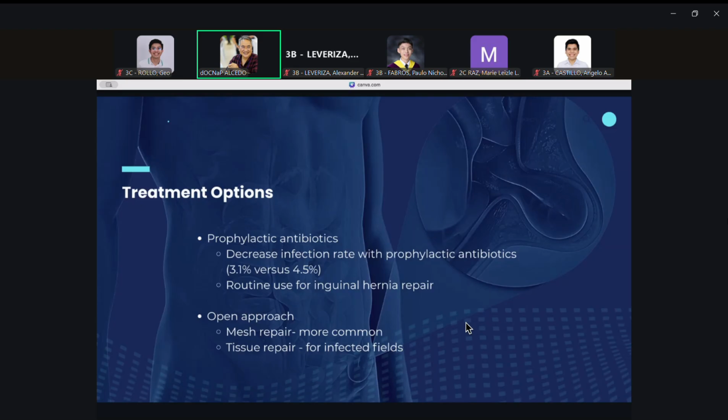So we resort to tissue repair. That's why we still teach our residents tissue repair, even if we don't perform it most of the time. Because there might be instances when one needs to perform a tissue repair. And in the presence of an infected field, then this is one indication to elect to do tissue repair.